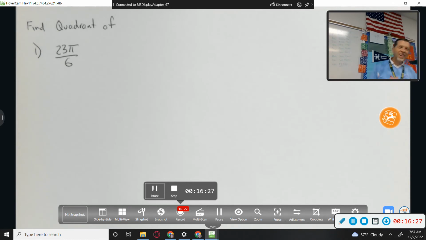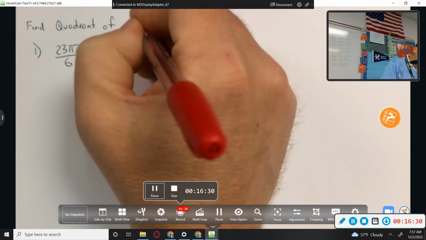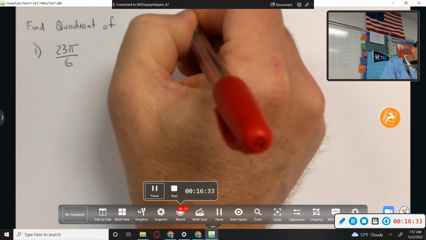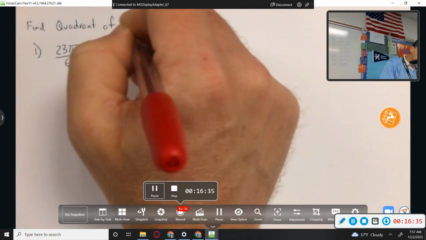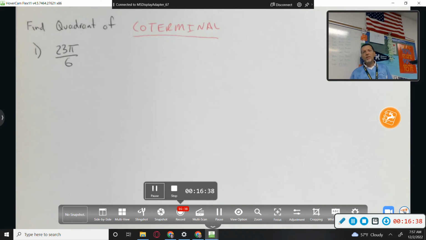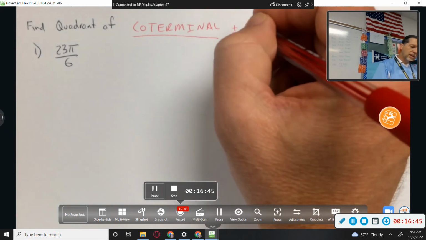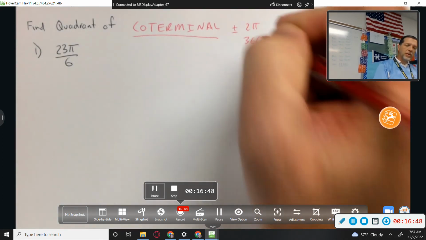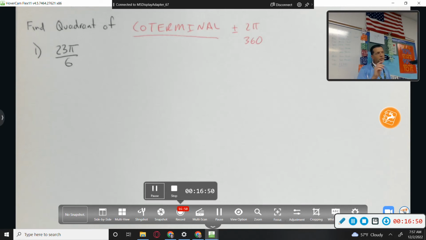Okay, that's really good. The big thing today is the idea of coterminal. What was the rule on how to find coterminal angles? Right, add or subtract 2 pi or 360, depending on which one you're doing. Yesterday we started with one between 0 and 360, and we sort of expanded it out. Today we're going to do it the opposite way. We're going to look at one that's outside our normal viewing window and get it back to something normal.